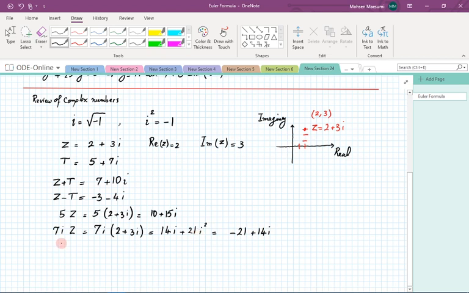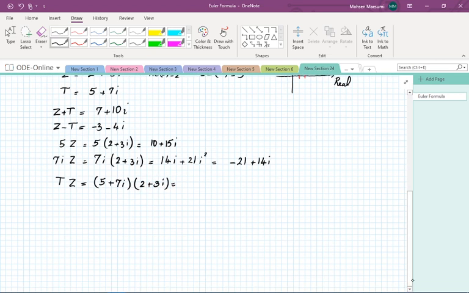So now if I have t times z, well, what's t times z? t was 5 plus 7i, and z was 2 plus 3i. So this multiplication is exactly like, back in almost middle school, the idea of FOILing, exactly the same thing.